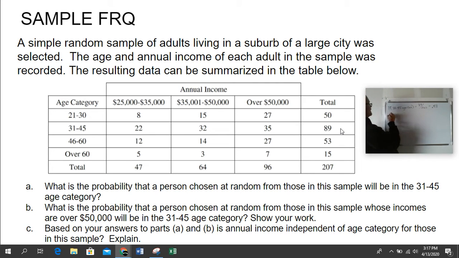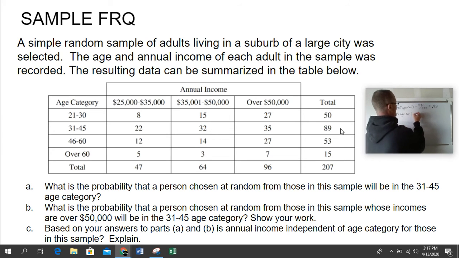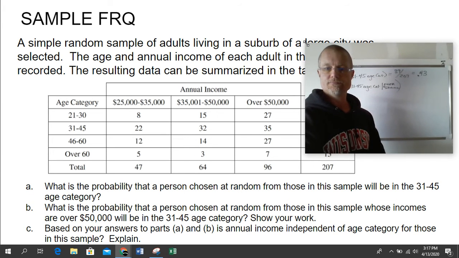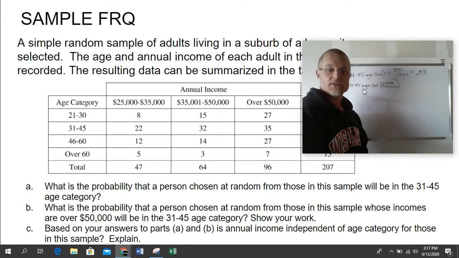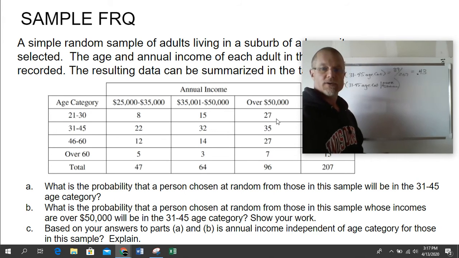What they're actually asking is, what's the probability of the 31 to 45 age category given that they are over 50,000?